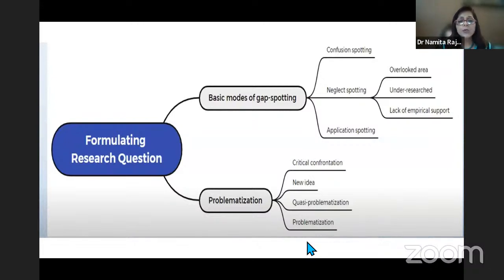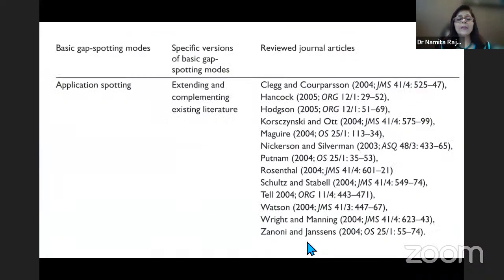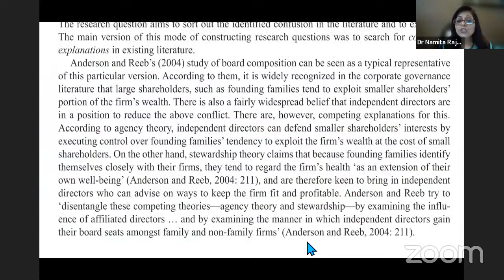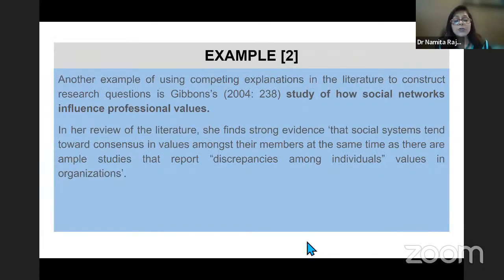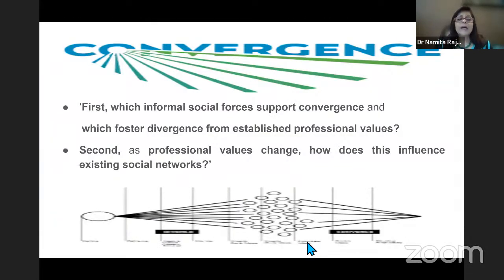The basic modes of gap spotting: confusion spotting, neglect spotting, application spotting, overlooked area, under-researched area, lack of empirical support. So this is the framework where they always swing and they don't want to challenge the existing theories. So this is actually the actual scenario.